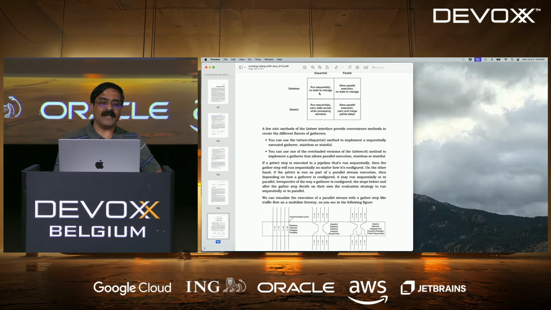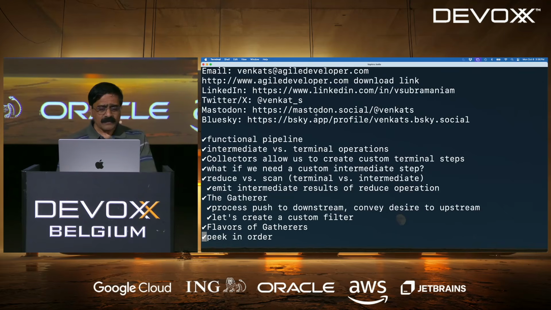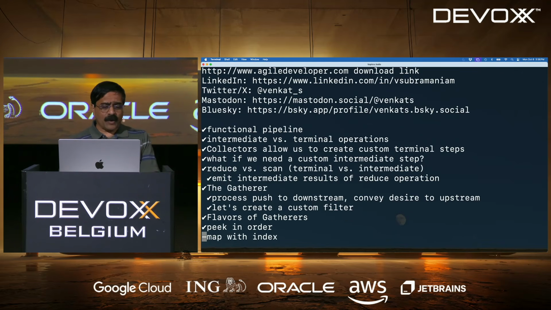Then we implemented this, which is stateless also, but is sequential. So not too much of an effort, right? Going between those two, not too bad. But what's going to happen the minute we come here? That's when we're going to bring the state for us to work with. So that's peek in order.